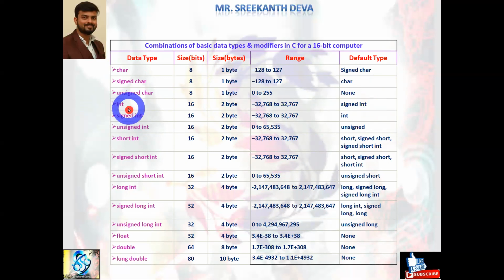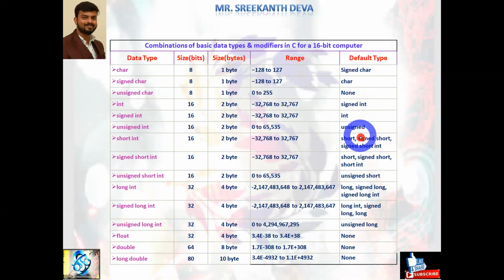Say the integral data type: 16 bits of memory, and 16 bits represents 2 bytes of memory. The size range is -32,768 to 32,767. The default type is signed int. Like signed int, the same 2 bytes. The default type is integral type. Unsigned int is 2 bytes of memory. The range is 0 to 65,535. That much of a value we can store in unsigned int.